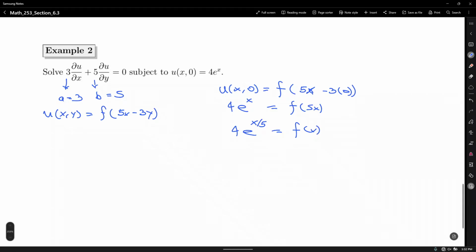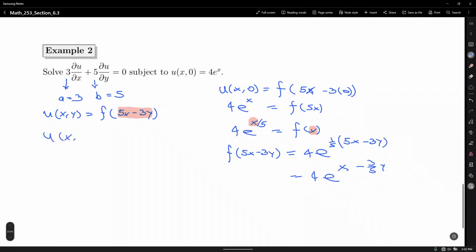Well, replace x with the characteristic line, the characteristic curve. Replace in every instance here. So that is now f of 5x minus 3y equals 4 times e to the 1/5 times 5x minus 3y, which is equal to, simplifying, 4e to the x minus 3/5 y.